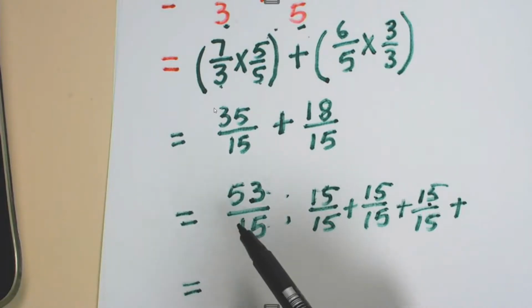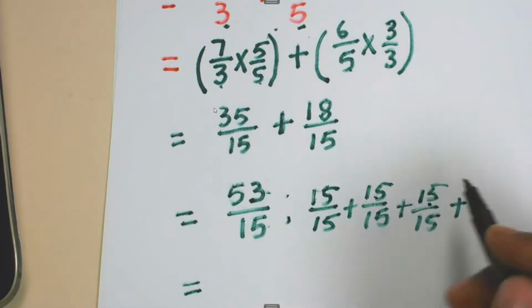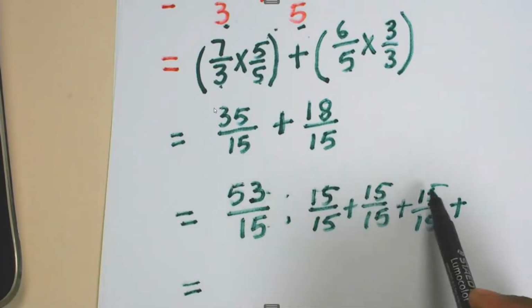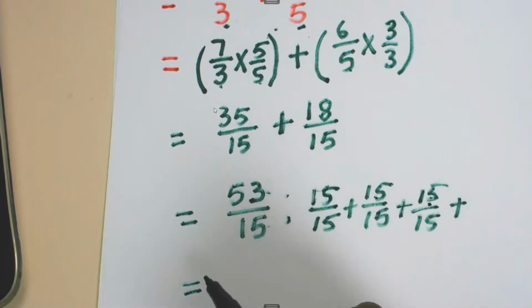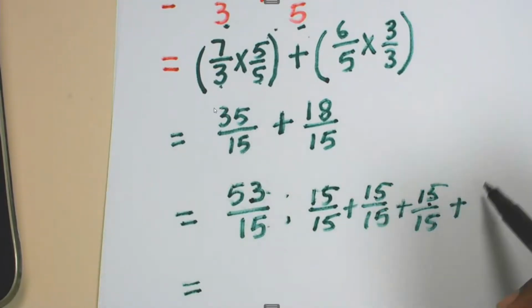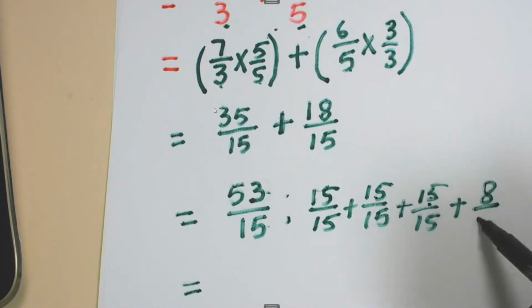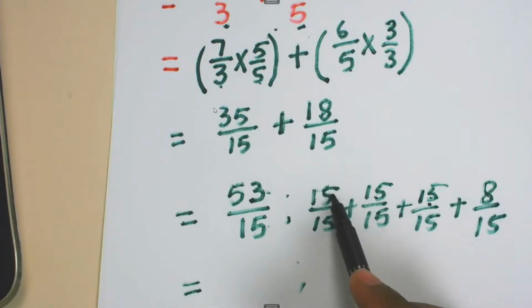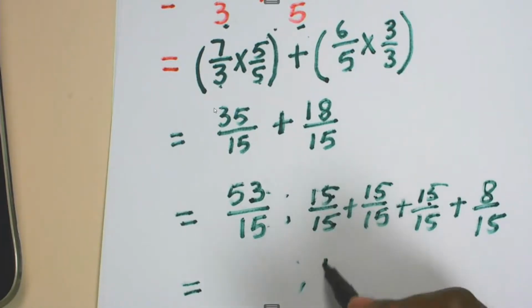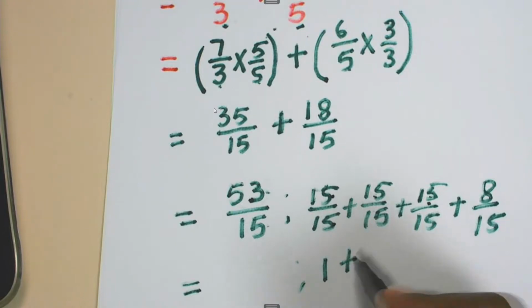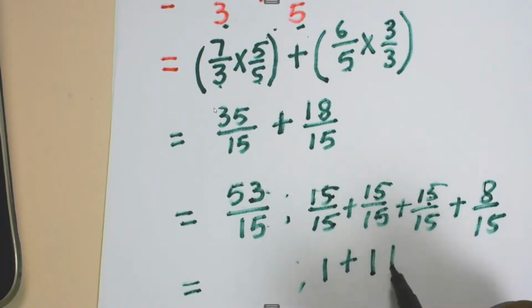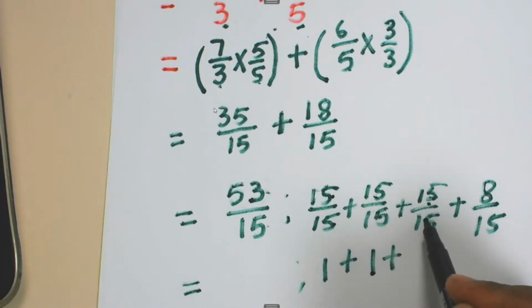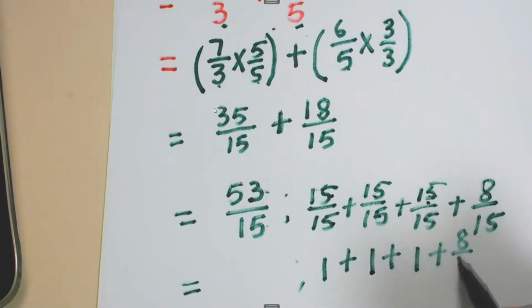So, meaning that we must now add a number that, when we add these three 15s, gives us 53. And that number is 8. We are running short of 8 out of 15. Now, remember, 15 out of 15 is equivalent to 1, plus 15 out of 15 is equivalent to 1, plus 15 out of 15 is equivalent to 1, plus 8 out of 15 is not equivalent to 1.